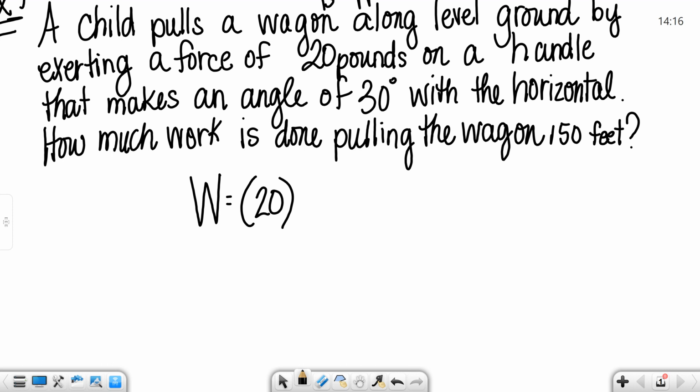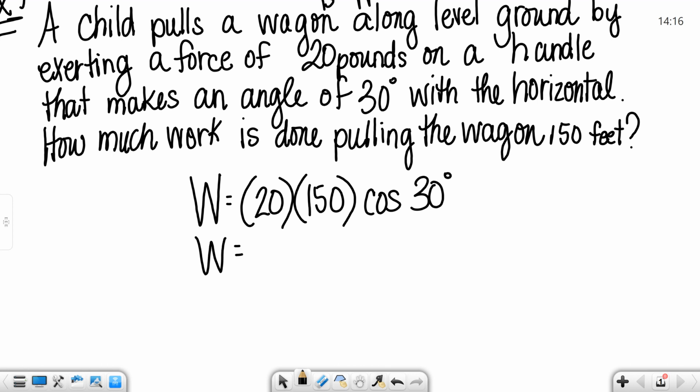And it said that the handle made an angle of 30 degrees with the horizontal, so we've got cosine of 30 degrees. The question was, how much work is done pulling the wagon 150 feet? So that's from point A to point B, the distance. That literally is what we're going to do. Just that simple, guys. So the hard part's just the formula itself.